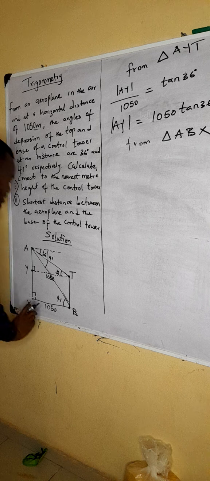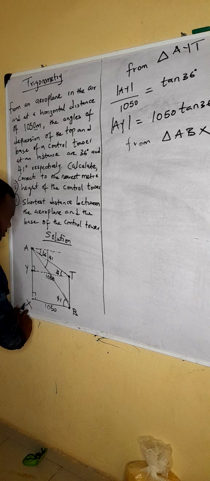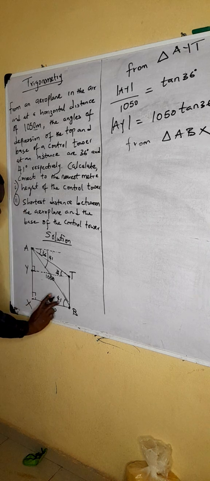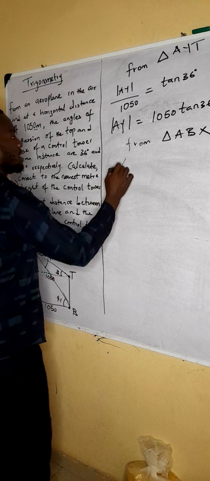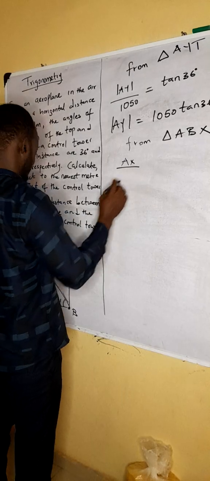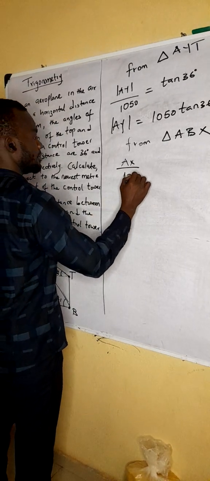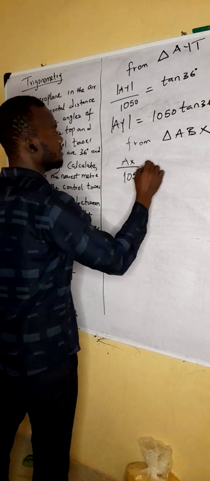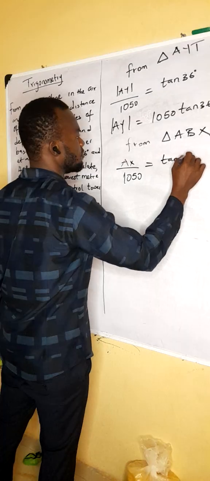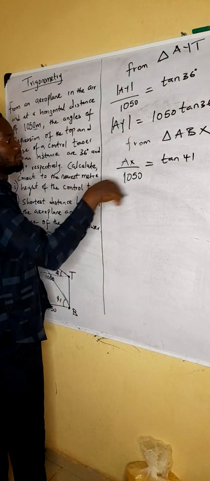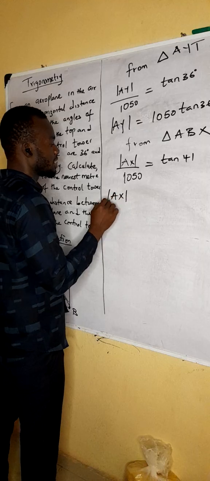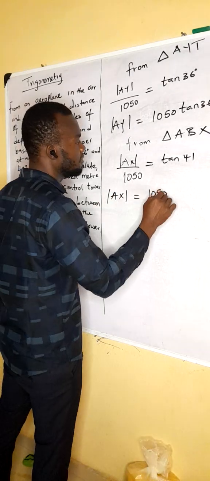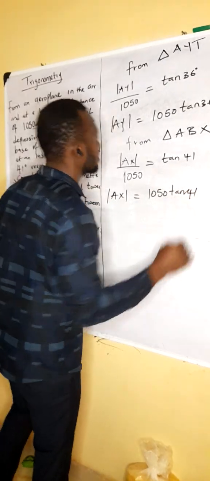Similarly, AX is opposite to 41, and opposite over the adjacent is the same as tan 41. So AX over 1050 is the same as tan 41. If you make AX the subject, the distance from A to X will be 1050 tan 41.